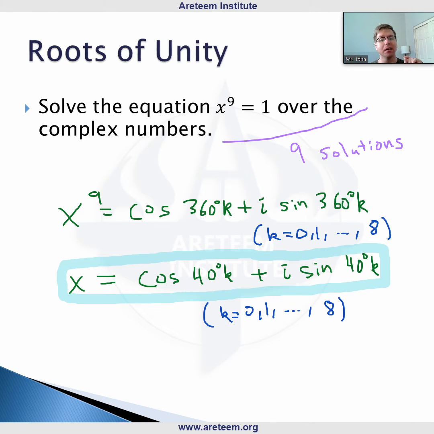Quick comment about the k values. Do you really need to worry too much about what happens for those k values? Not really. Why do I say not really? Well, what happens when k is 9? When k is equal to 9, we have 40 times 9. That's 360.